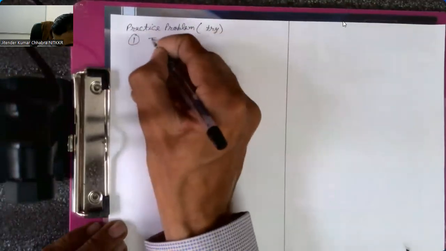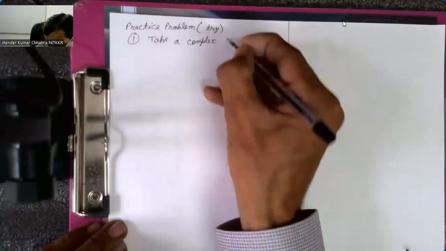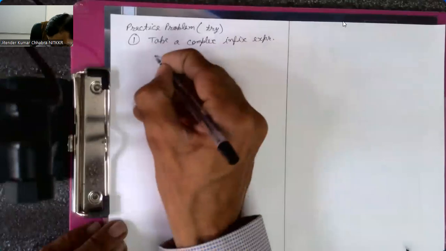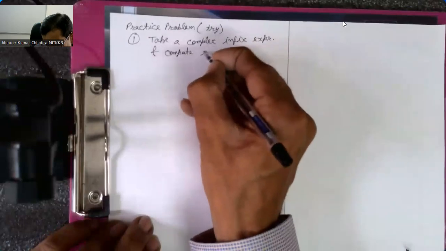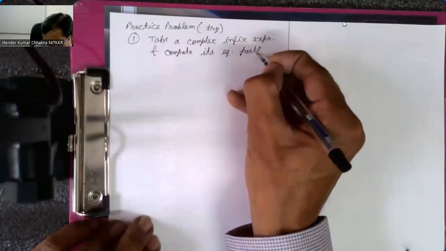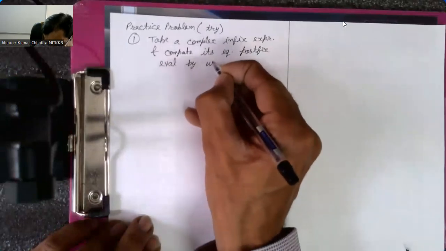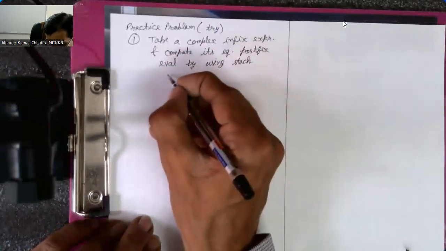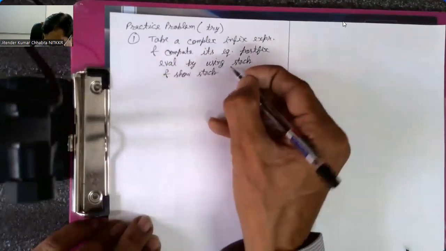Number 1, take a complex infix expression and compute its equivalent postfix expression by defining your array as a stack, using the methodology which we just discussed, and show the stack contents after every operation.